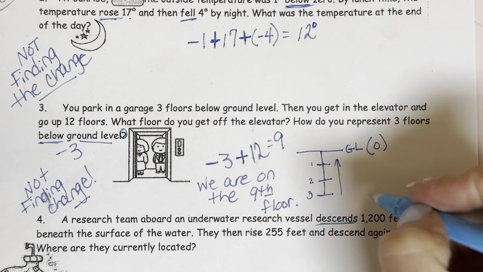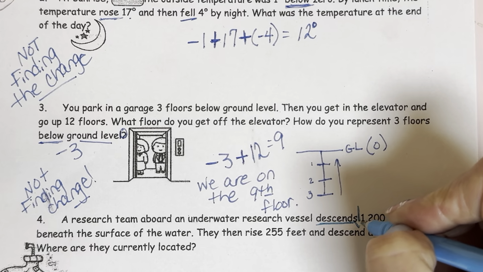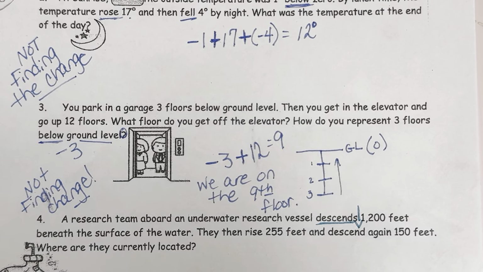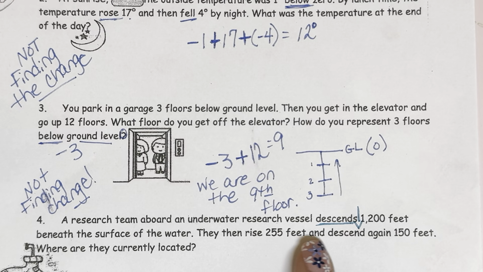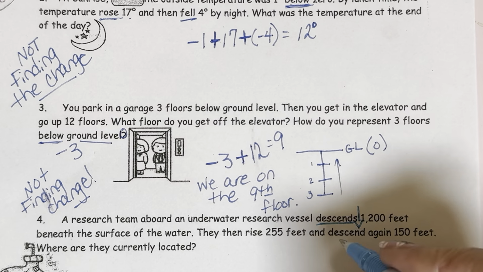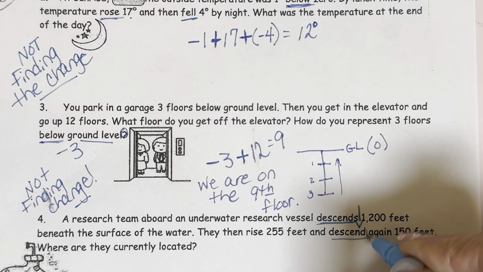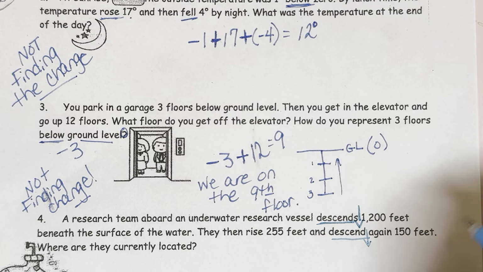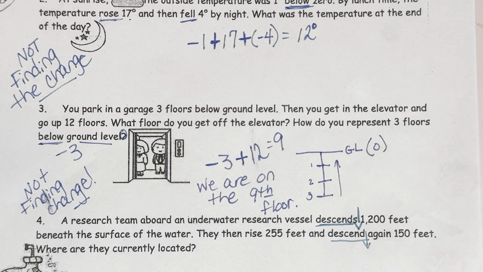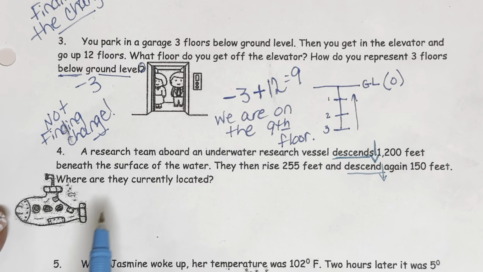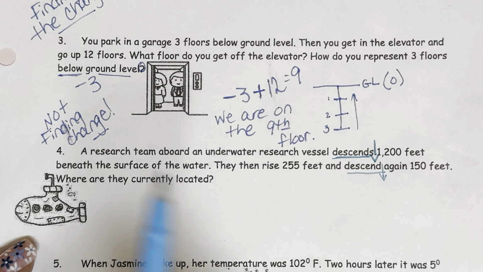We're going down. They then rise 225 feet and descend again. So we're going down again 150 feet. Where are they currently located? So what is this asking us? This is asking us where they ended up.